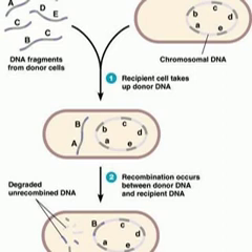When Griffith injected living encapsulated cells into a mouse, the mouse died of pneumonia, and colonies of encapsulated cells were isolated from the blood of the mouse. When living unencapsulated cells were injected into a mouse, the mouse remained healthy, and colonies of non-encapsulated cells were isolated from the blood of the mouse.